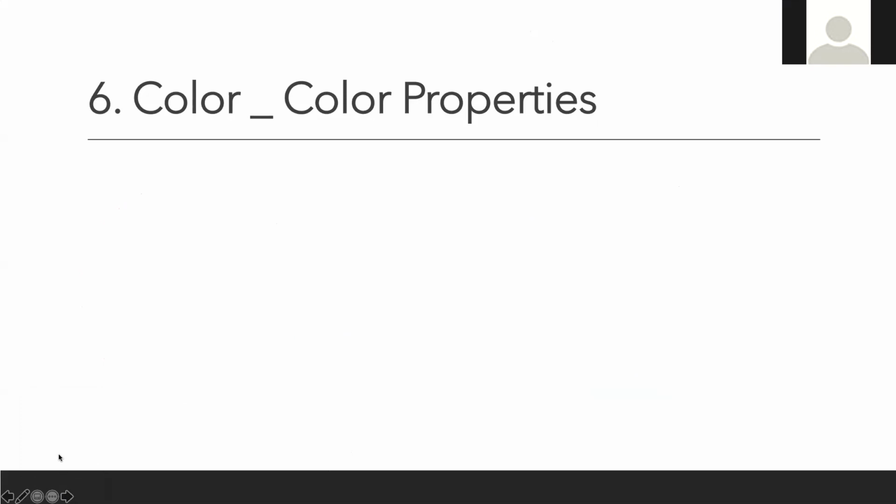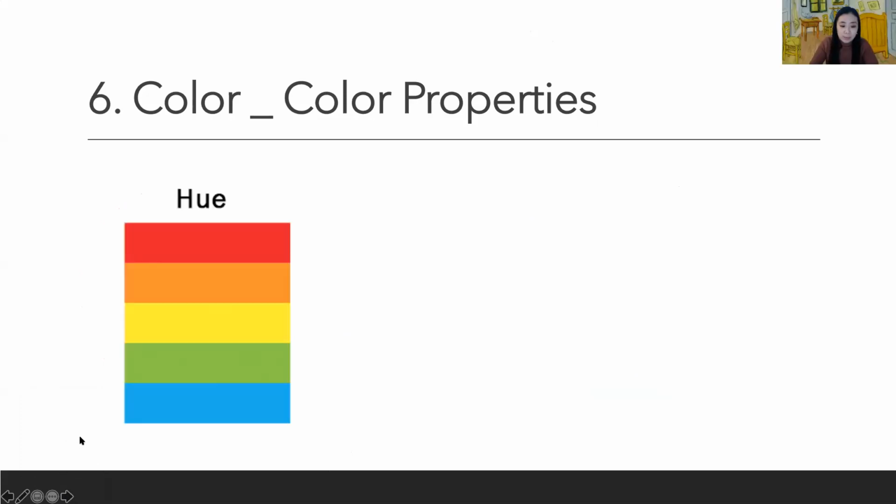Hue is the name of a color according to the categories of the color wheel, like red, orange, yellow, green, blue.